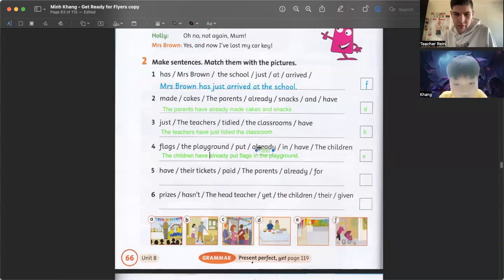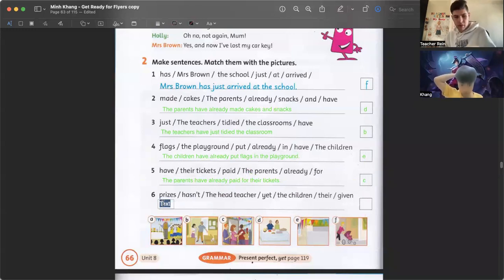Then we are looking at number 5. The parents have already paid for the tickets. Paid for their tickets. And you say C, very good. Well done. Okay, then we have the last one, number 6.